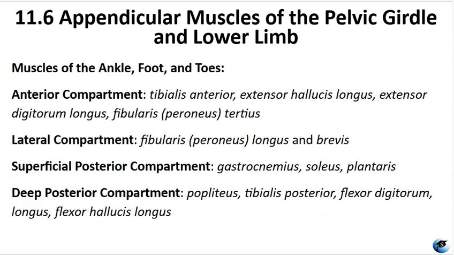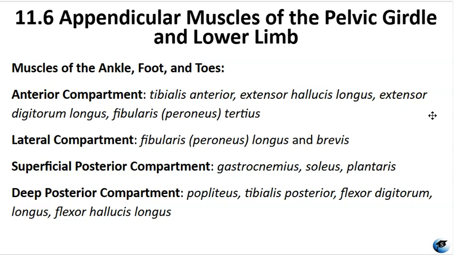Muscles in the leg that move the foot and toes are divided into anterior, lateral, superficial posterior, and deep posterior compartments. The anterior compartment includes the tibialis anterior, extensor hallucis longus, extensor digitorum longus, and fibularis tertius. The lateral compartment contains the fibularis longus and fibularis brevis, both responsible for foot eversion.